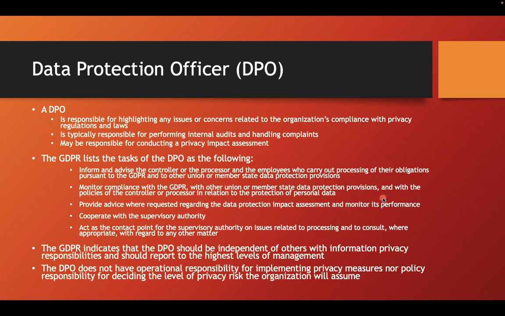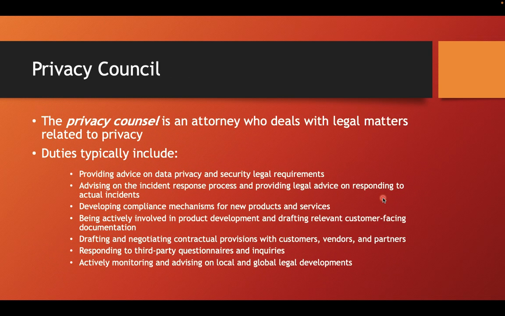So they should be independent. Is that okay? Then the DPO does not have operational responsibility for implementing privacy measures, nor responsibility for deciding the level of privacy risk the organization will assume. This will be done by either the CEO or the COO or the chief information security officer.